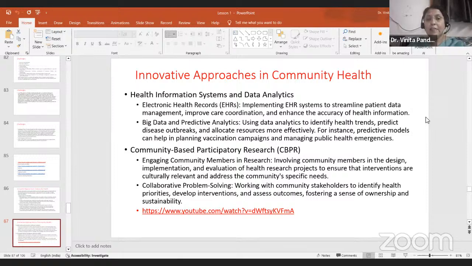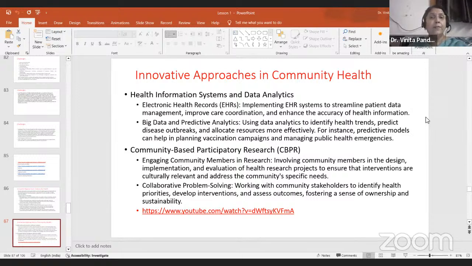Electronic health records means you are able to maintain health records electronically. You don't have to carry your entire paper set of medical reports. So this is implementing EHR systems to streamline patient data management, improve care coordination, and enhance the accuracy of health information. Information is power. That is what we have been hearing for the last 20-25 years after the IT revolution.